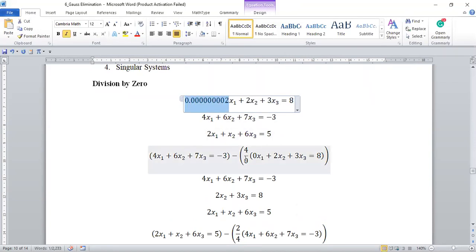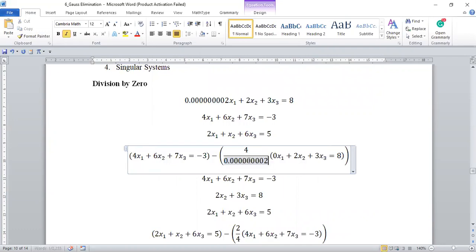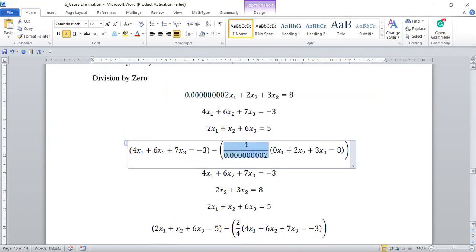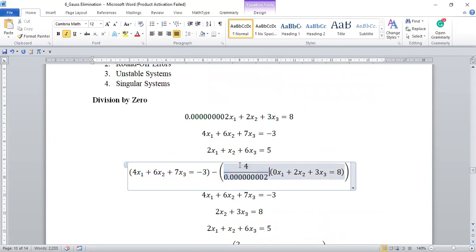It's not going to give you an error, because 4 divided by 0 would give you an error and you can't even solve it. But if you do this, it's not going to give you an error. But as a result of this, your denominator is very, very small compared to the numerator.